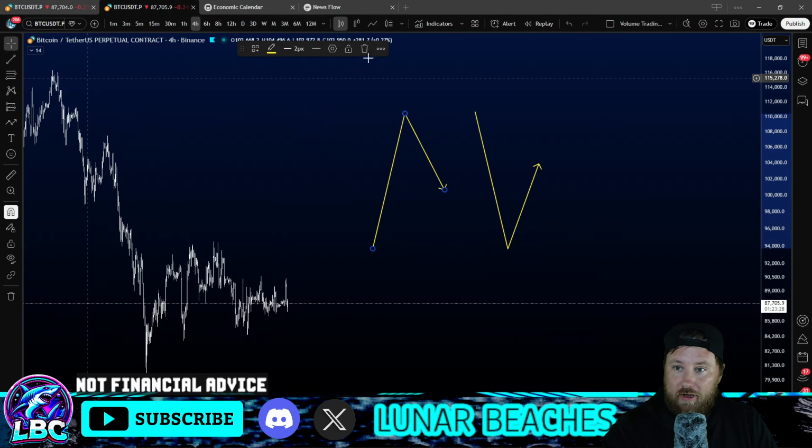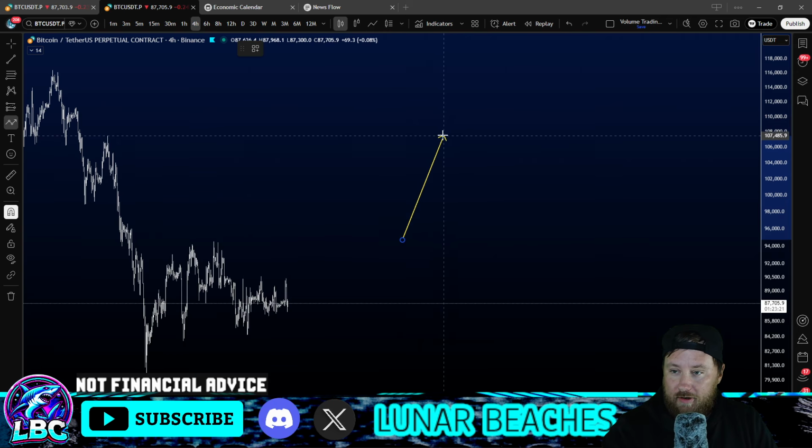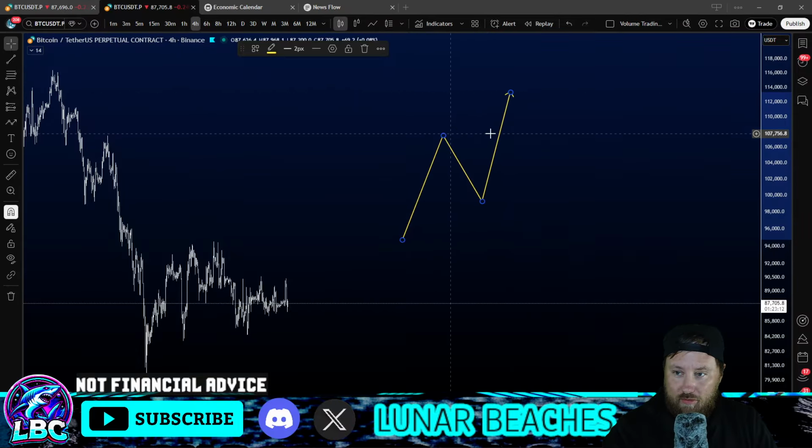So when I'm looking for continuation of a trend, I'm looking for a swing level. This is called a swing level to get put in, and then for price to break that level.